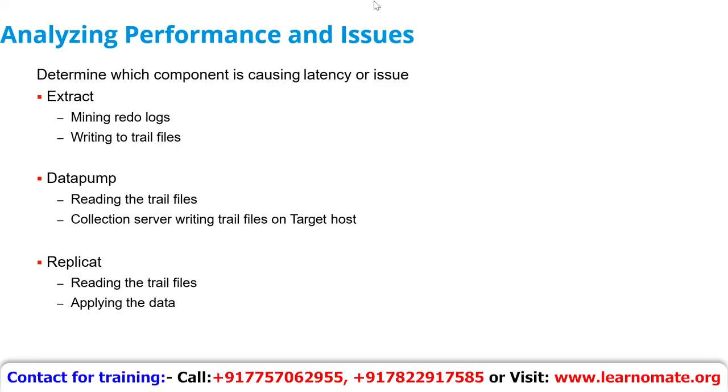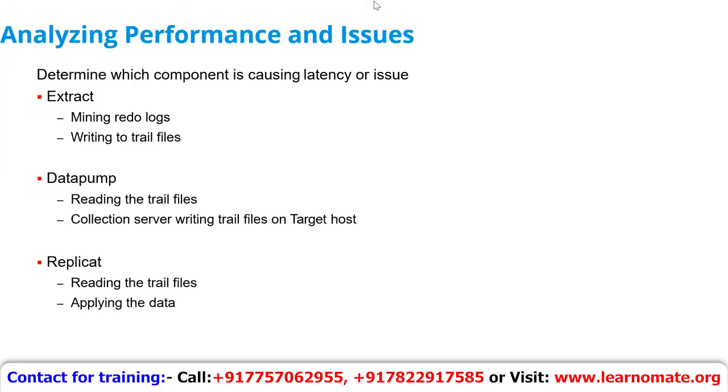Lag means basically the time difference between which a record gets committed on source and it gets applied on target, right? So your replication time is too much. That means once the record gets committed on the source database, it takes a lot of time in applying. So why does it take a lot of time?